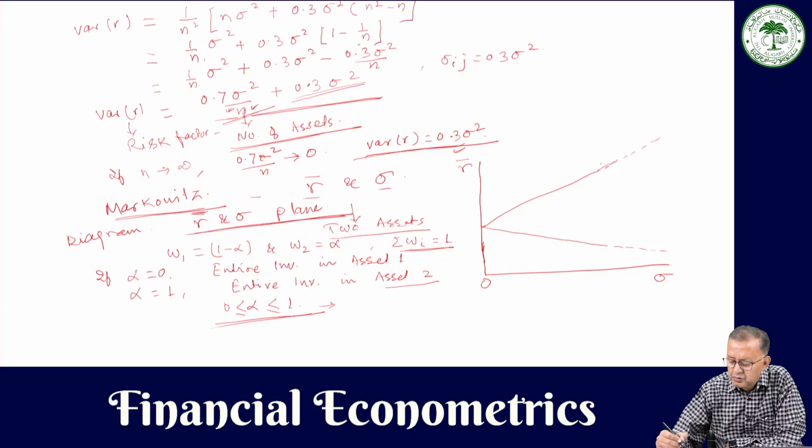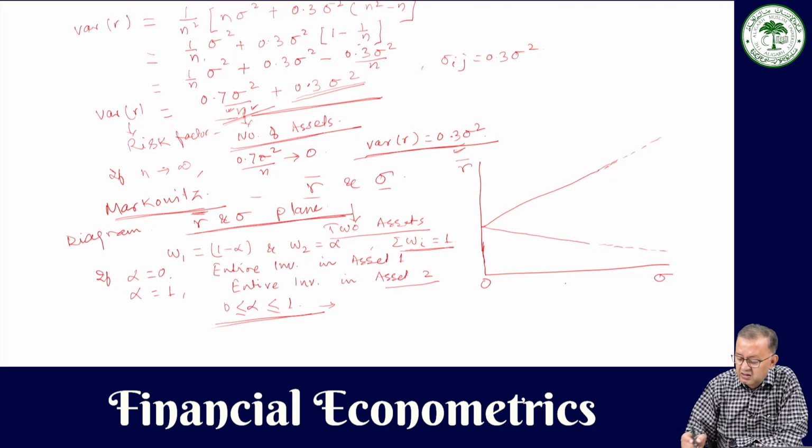So the dotted portion, here let this be considered as 0.1. This is the relationship between R bar and sigma for asset 1. This is for asset 2. Clear? Now the path will be decided between 1 and 2 like this.